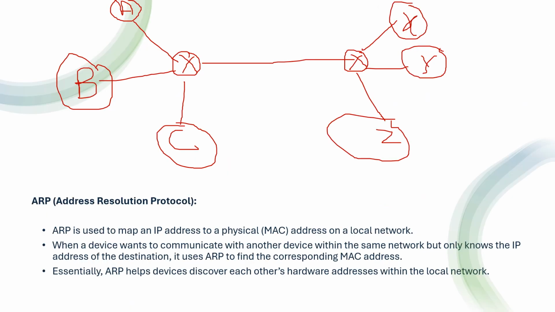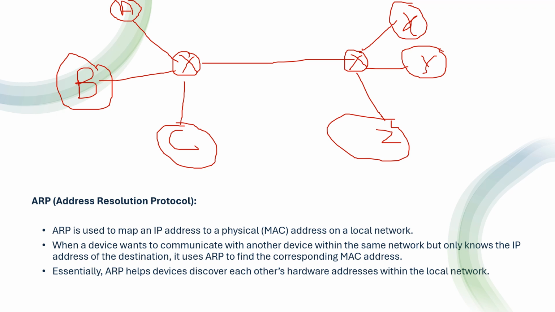Now we will be knowing about ARP services, that is Address Resolution Protocol. Basically, with the help of this protocol, a host can know the MAC address of a device with the help of its IP address.